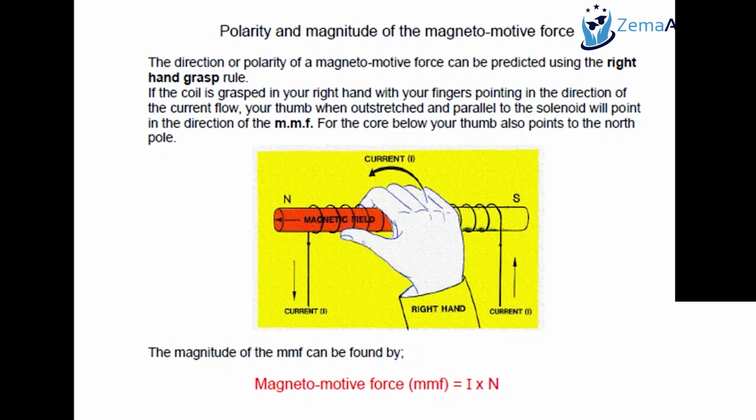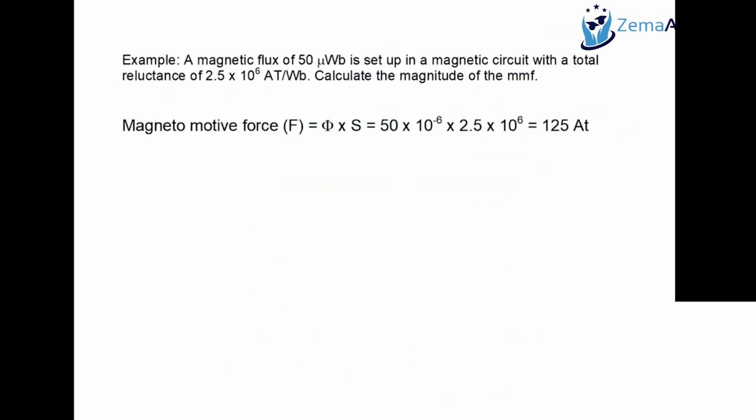But what we are doing right now is just steady state calculations for the MMF and predicting the direction of the north and south poles by applying a pure DC current. So MMF plays a significant part, and it depends on the number of turns of a coil and the amount of current flowing through the conductor.